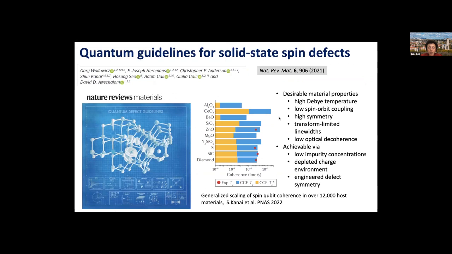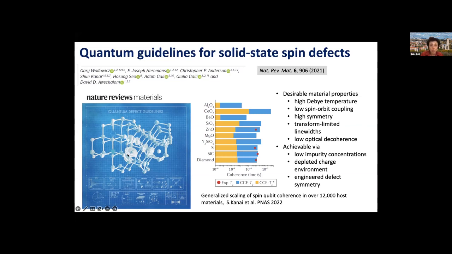And here, before I close, I just want to point out two papers: a review paper that we wrote during the pandemic, and a paper that was mostly done by our collaborators in Japan, Kanai and Hideo Ono, where we looked at spin coherence for 12,000 hosts.